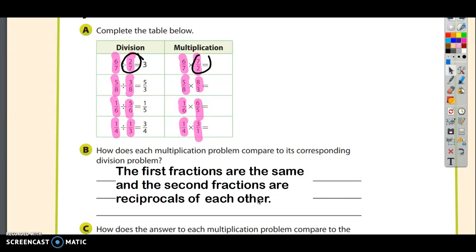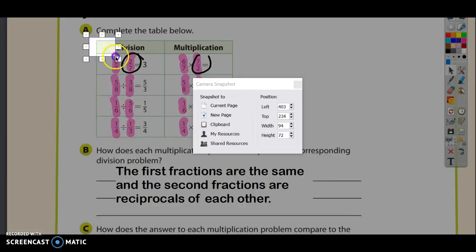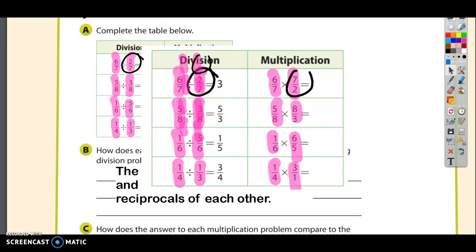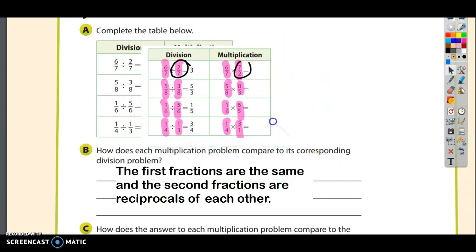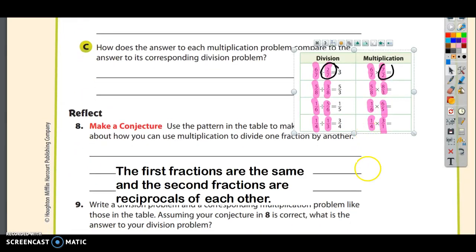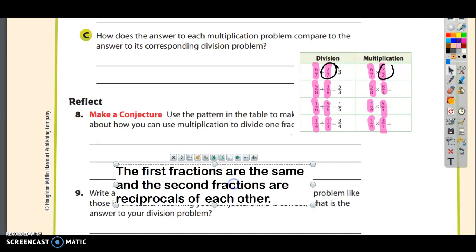Okay, I am going to need this image to answer the questions at the bottom of the page, so I'm going to take a picture of it. Go ahead and make that a little bit smaller. And I'm going to move the page up, and we're on question C, and then a reflect. I don't think I need this anymore.